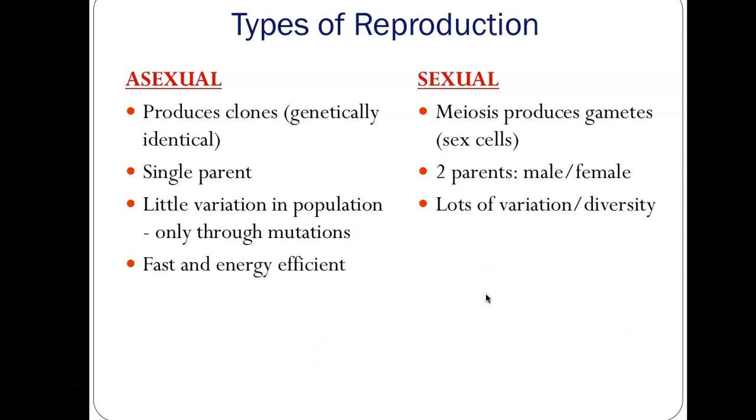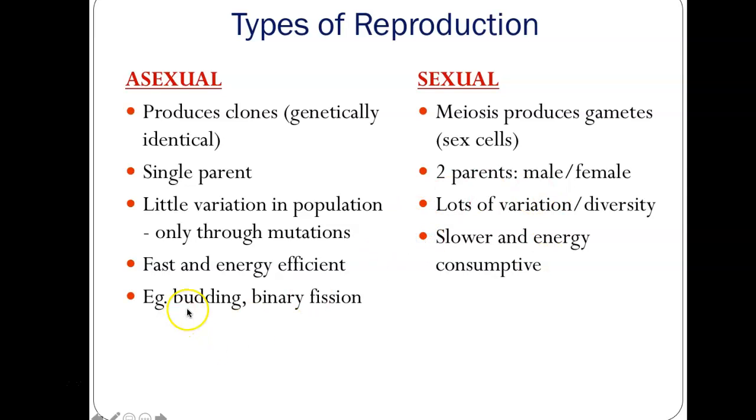The benefit of asexual reproduction is that it's fast and energy efficient. Sexual reproduction is slower and energy consumptive. And an example would be budding. So budding is kind of like what the planaria do naturally. They twist a piece of their body part and break it off. Yeast do that. And then another thing that we've already talked about is binary fission in bacteria as a form of asexual reproduction.